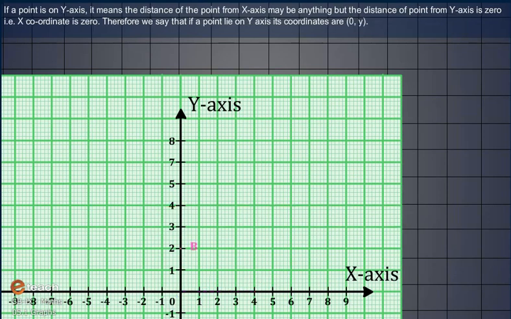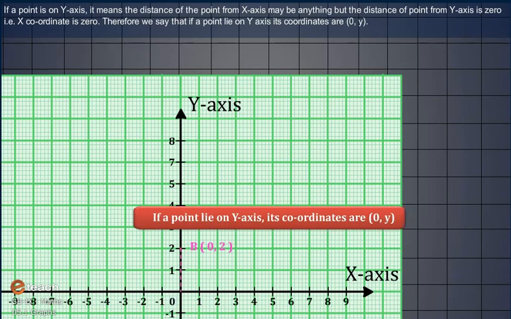If a point is on the y-axis, it means the distance of the point from the x-axis may be anything but the distance of the point from the y-axis is 0. That is, the x-coordinate is 0.